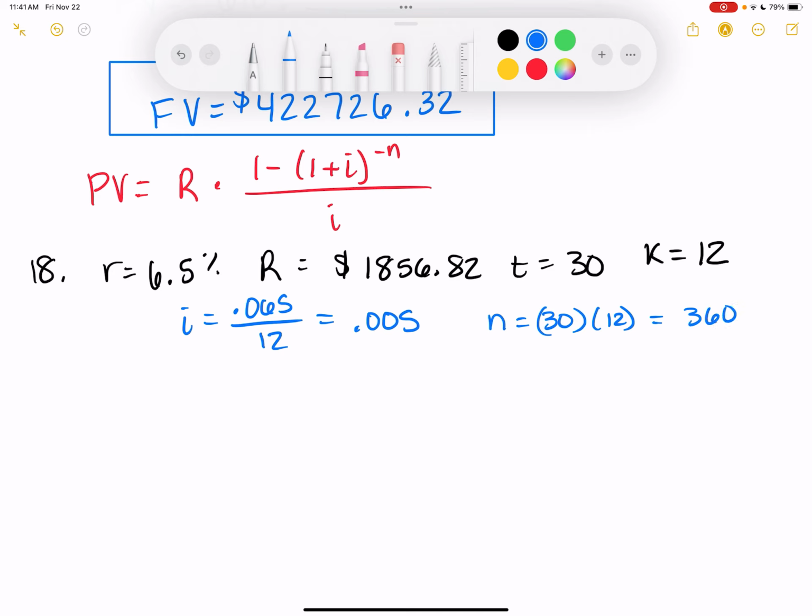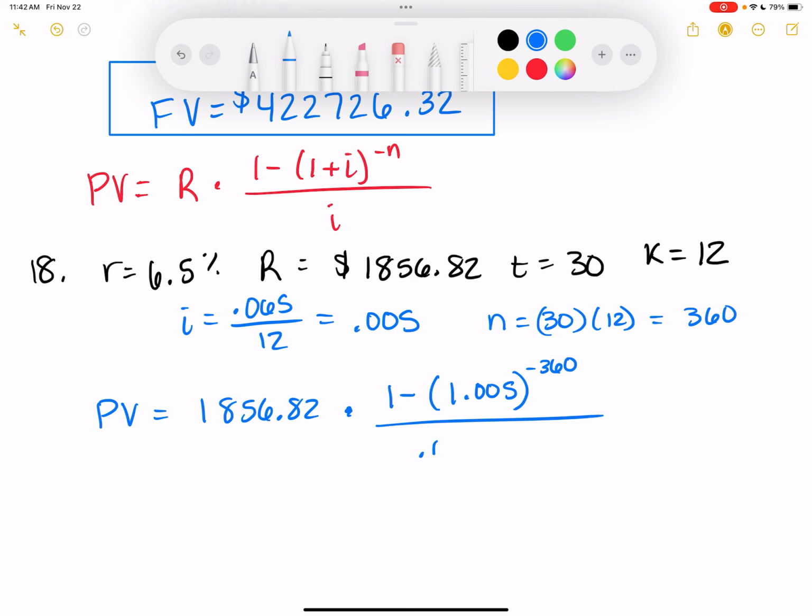So present value equals 1,856.82 times, on top, 1 minus, in parentheses, I'm going to go ahead and write this as 1.005 raised to the, notice it's negative n, so this is going to be negative 360, over 0.005.